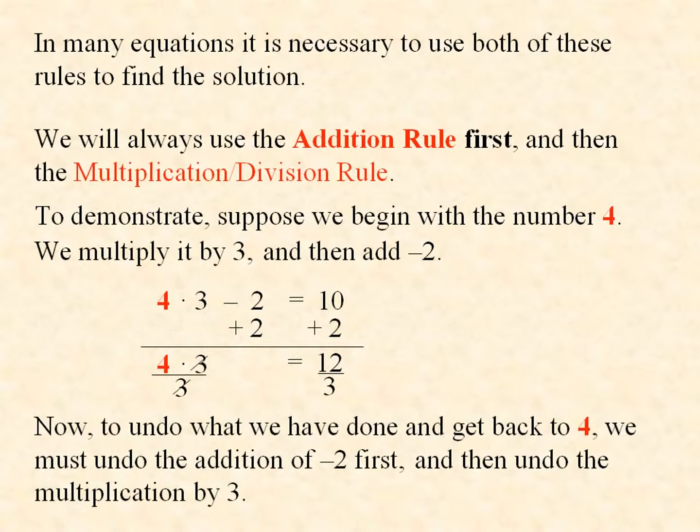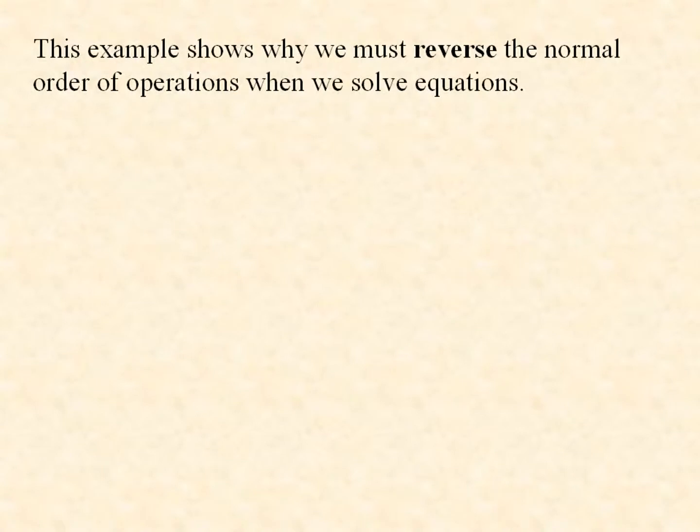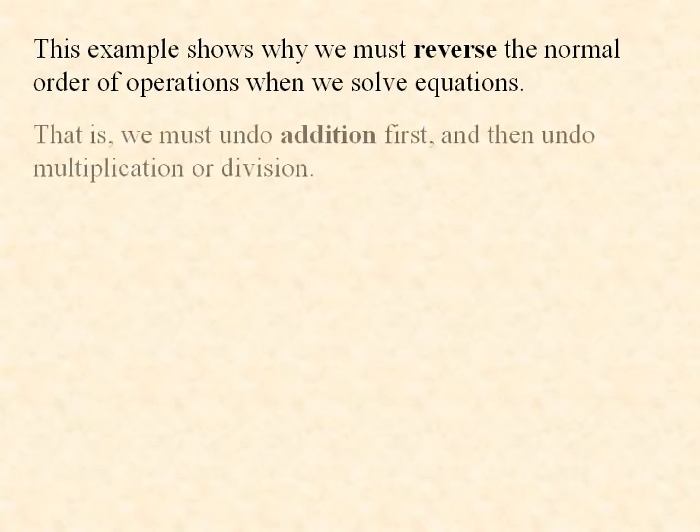The 3's cancel on the left. And so we end up with 4 equals 4. This example shows why we must reverse the normal order of operations when we solve equations. That is, we must undo addition first, and then undo multiplication or division.